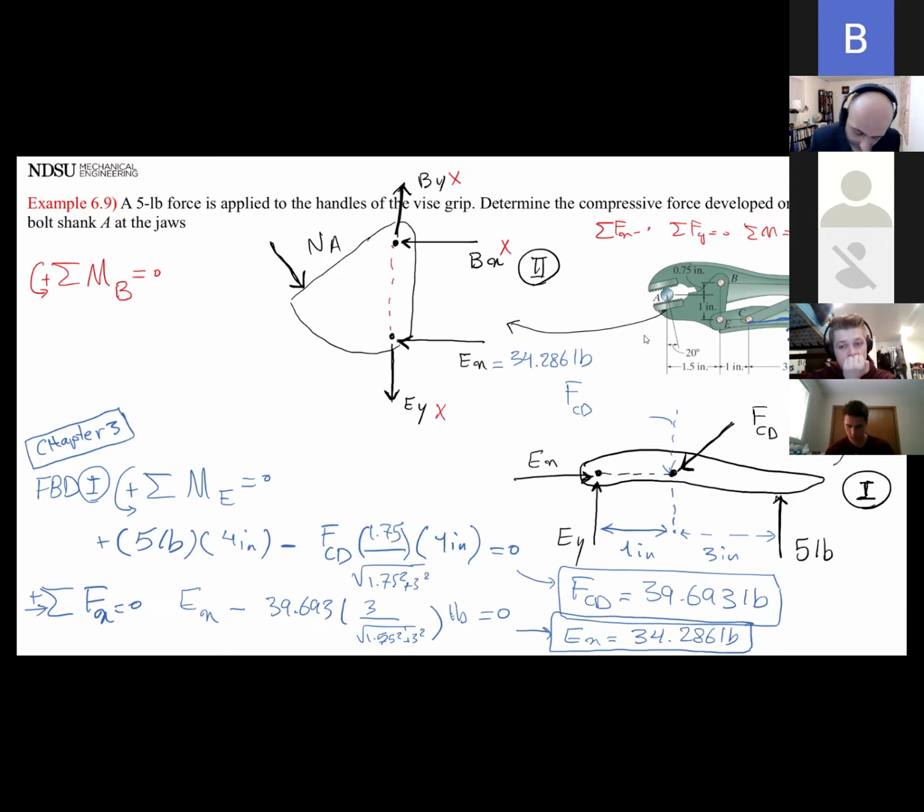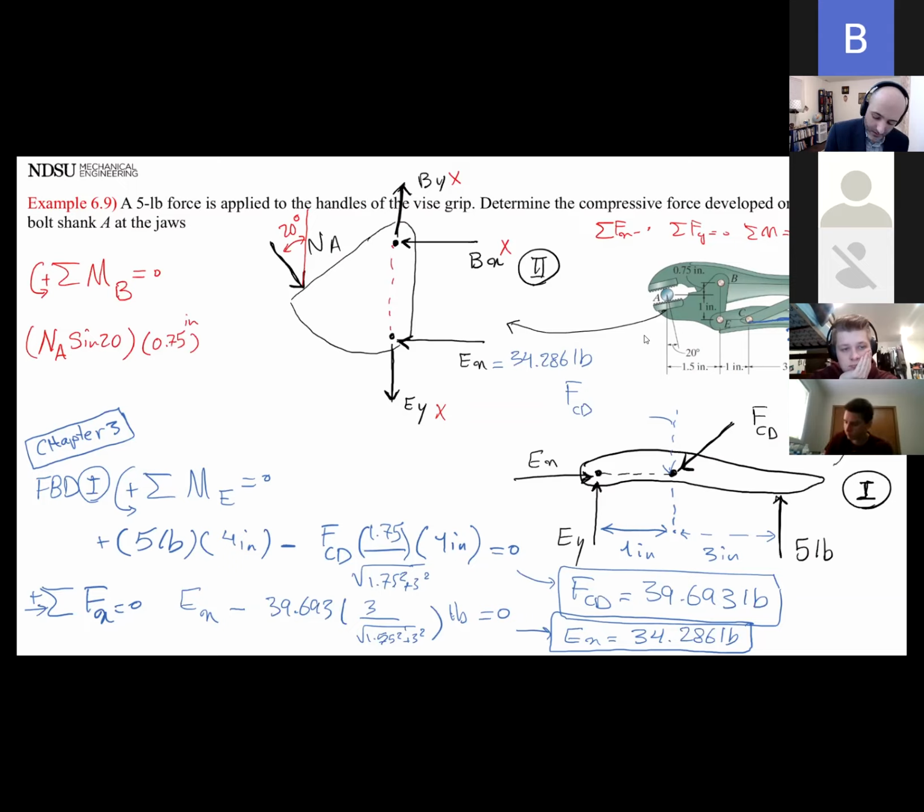The angle right here is 20. So you're going to have NA sine 20, and that is the distance. What is the distance of this component? Oh, I already gave you the answer, so never mind.